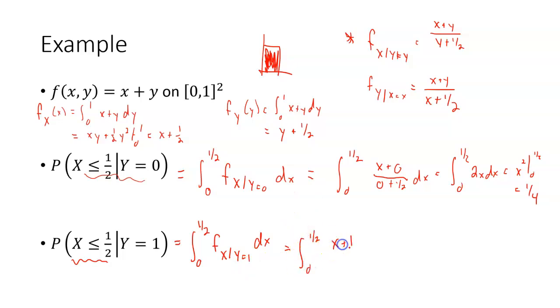So we end up with x plus 1 over 3 halves. That will integrate to 2/3 x squared plus 2/3 x from 0 to 1 half, which will end up at 2/3 overall. Not the same value. And it should be if they were independent.